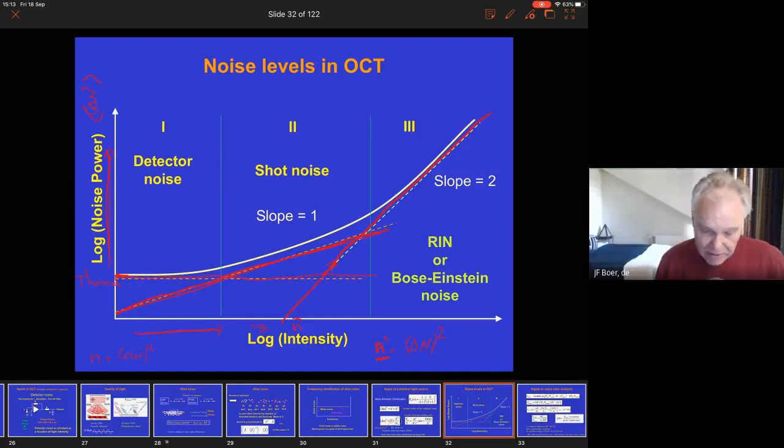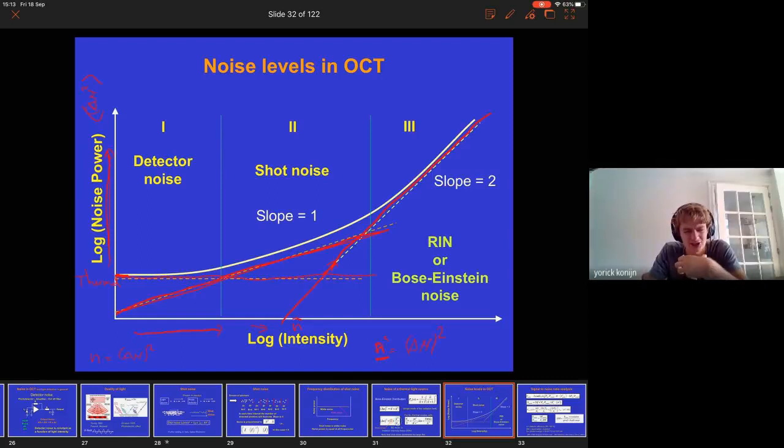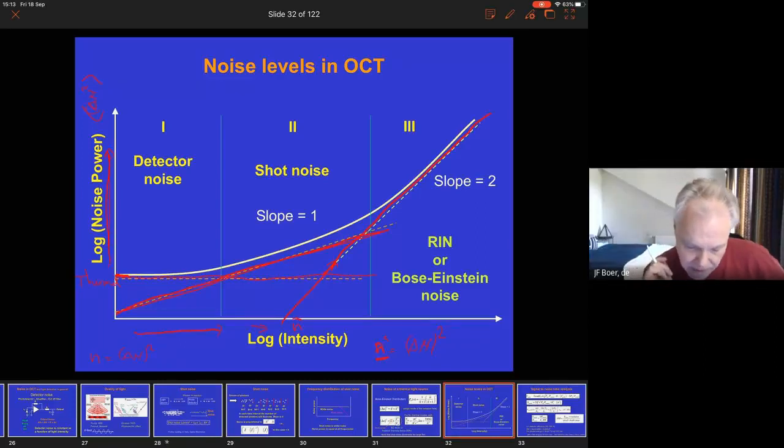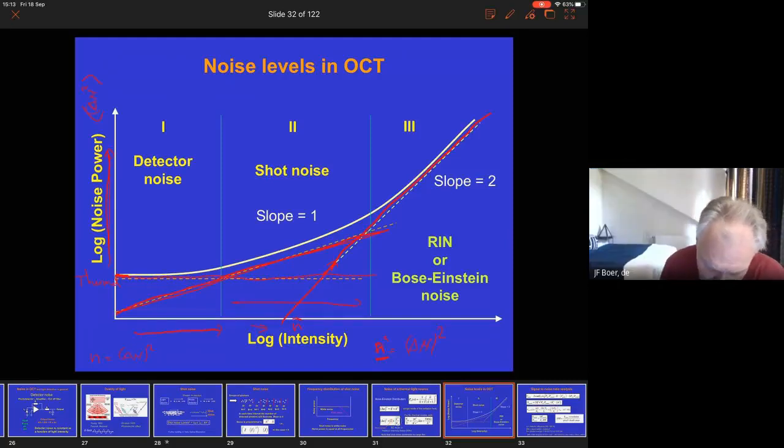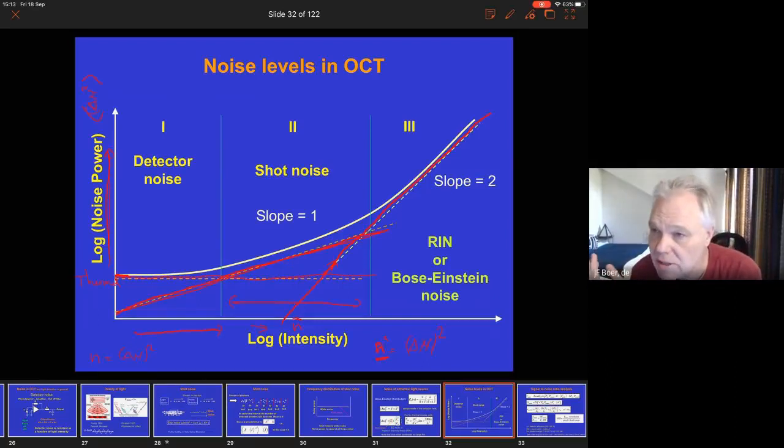Since this is quite general, at some point it's not beneficial anymore to increase the intensity to get a better signal to noise ratio. It's quite a difference from what you heard in the bachelor's. In the bachelor you deal with this area, where it's assumed that the noise increases with the square root of your intensity.